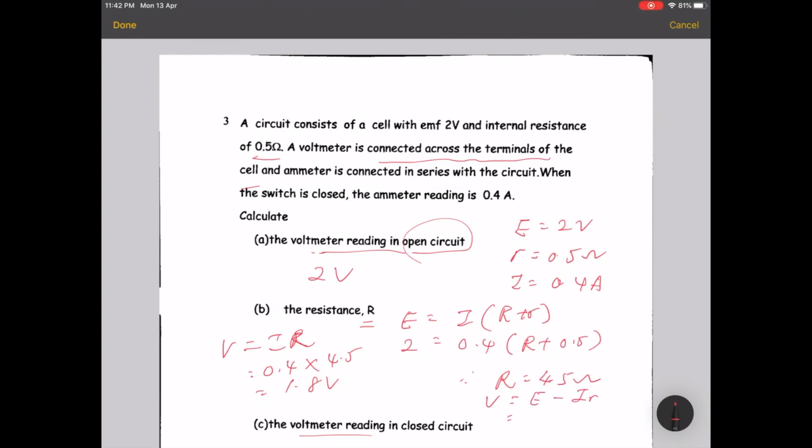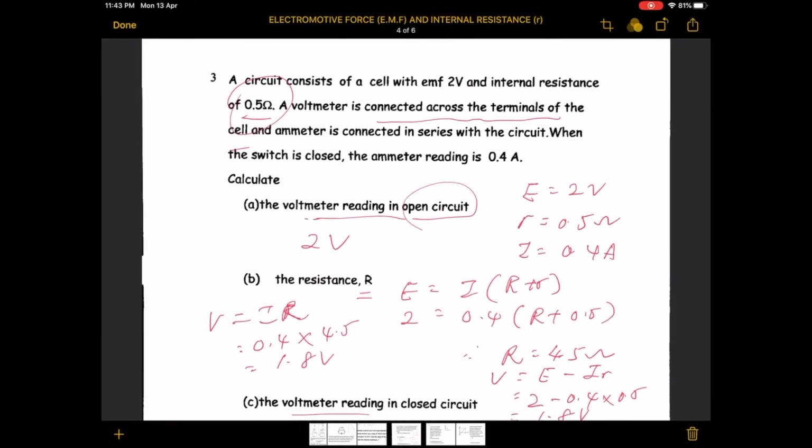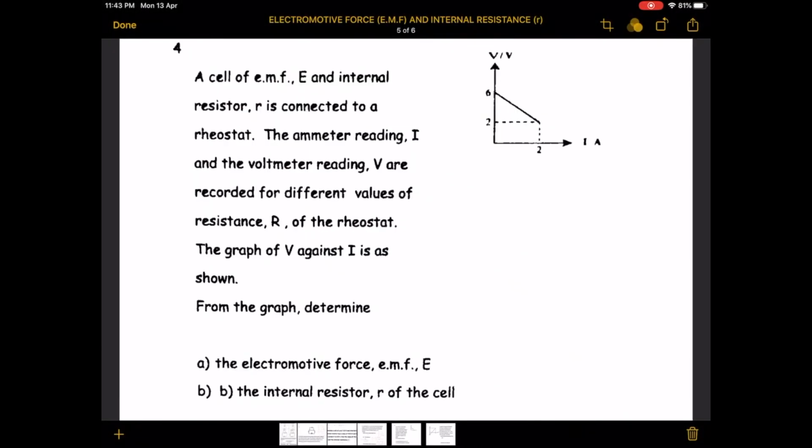It will be exactly the same. EMF 2, current 0.4, internal resistance 0.5, and that will give you 1.8. Clear? Very good. Okay, look at the next example.